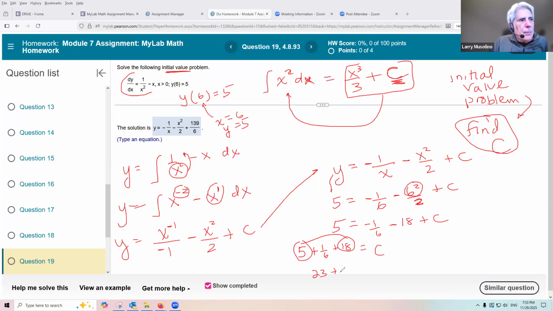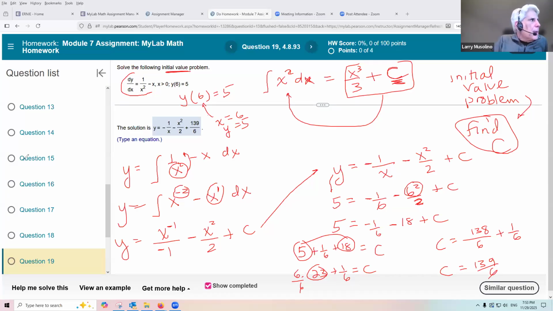So 23 plus 1/6. Let's get a common denominator. I'm going to take this 23 and multiply it by 6 over 6. So c is going to be 138 over 6 plus 1 over 6. So c is 139 over 6.